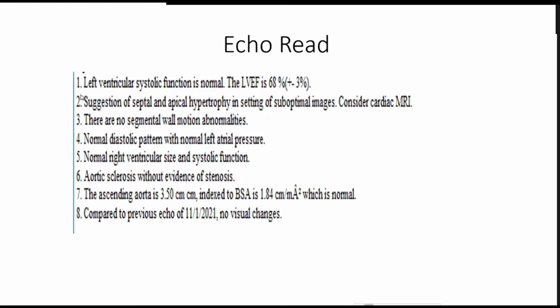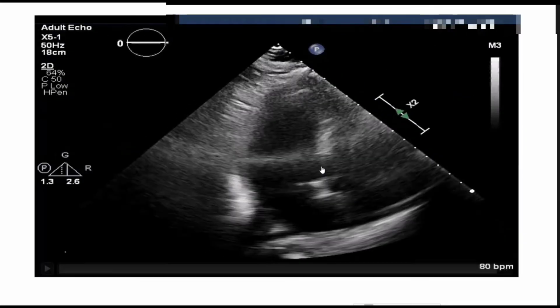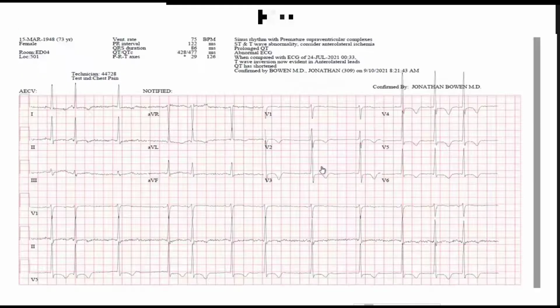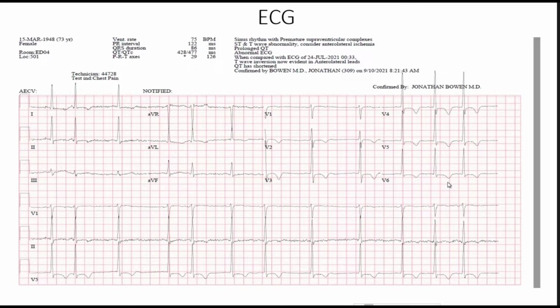So Steve, really quick, if you don't mind, going all the way back to that EKG with that increased voltage, even though it doesn't meet all the criteria for LVH, it was still something that kind of caught my eye. Do we think that maybe that apical hypertrophy is contributing to that increased voltage as LVH will generally do?